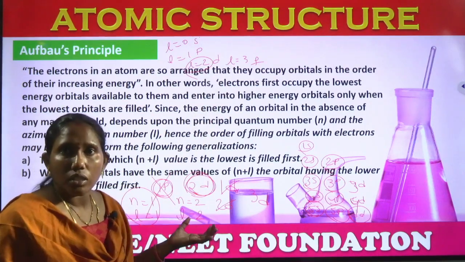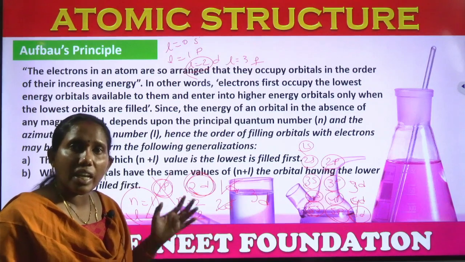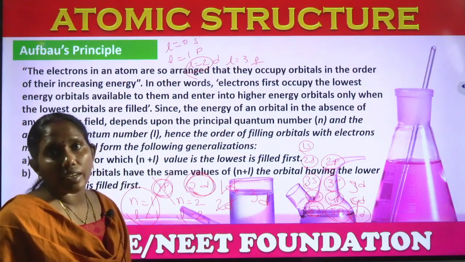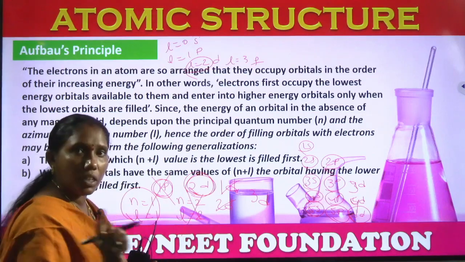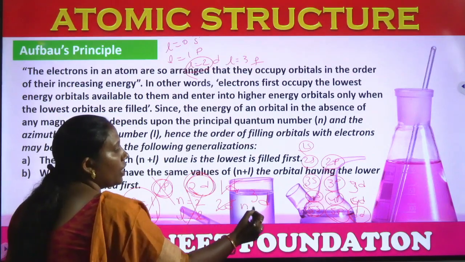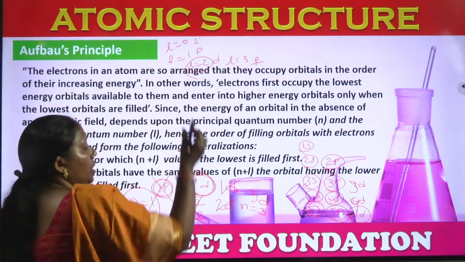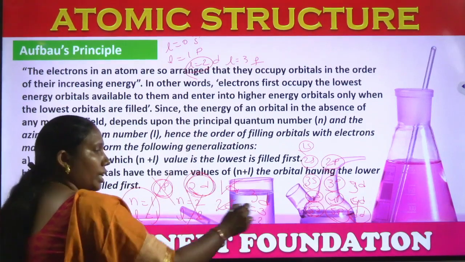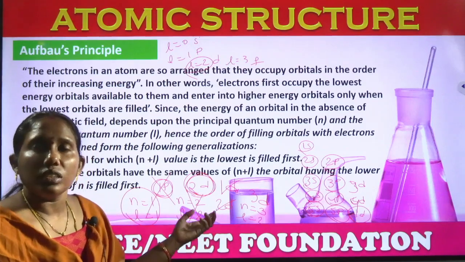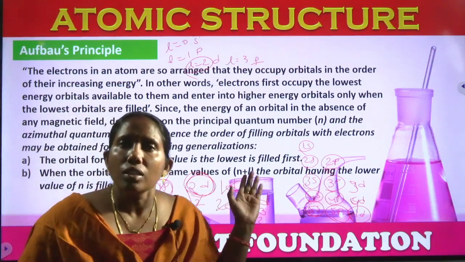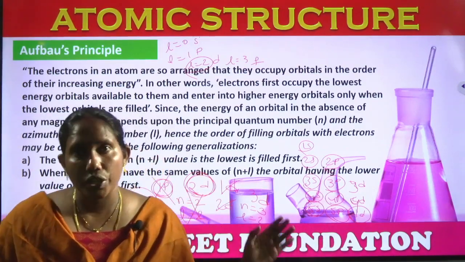Is it possible for n to equal l? No. n is always greater than l. So 2d is also not possible. If you take 3d, n value is 3, but l value is 2 for d, so this is according to the condition. n is 3, l is 2. That's why the d orbital starts from the third orbit or third shell.